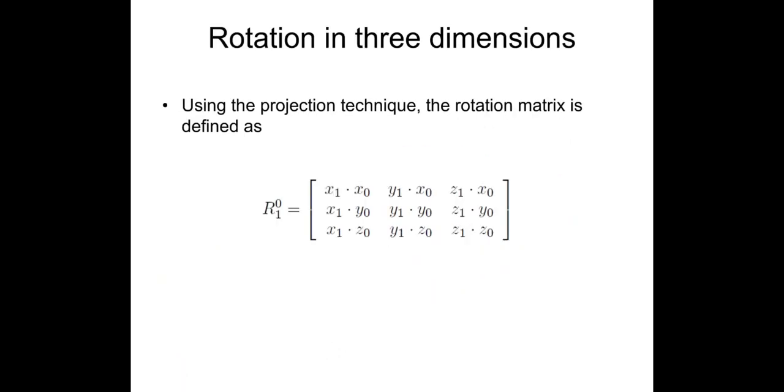So from 2D, let's go to 3D. To 3D, I would say that every logic is the same. The only difference is that now instead of x and y, we have x, y, and z. So again, if we write it as R10, 0 is the reference.